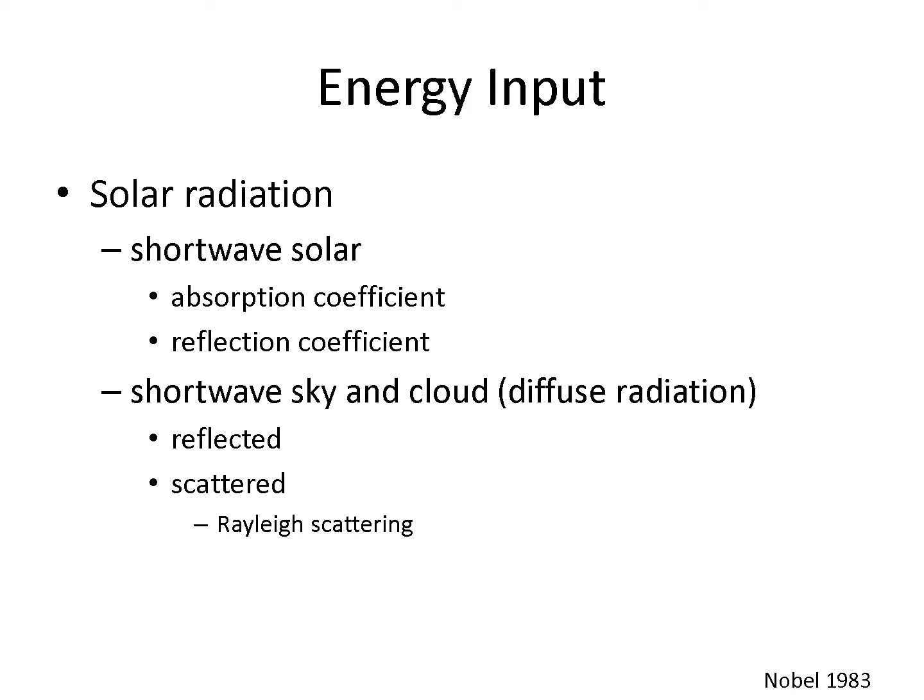Now those sized particles tend to interact preferentially with shorter wavelengths. So when we think about visible radiation, the shorter wavelengths tend towards blue. So the blue color of the sky is caused by Rayleigh scattering, the interaction of short wavelengths of light with molecule-sized particles in the atmosphere, and that causes a blue scattering or coloring of the sky.